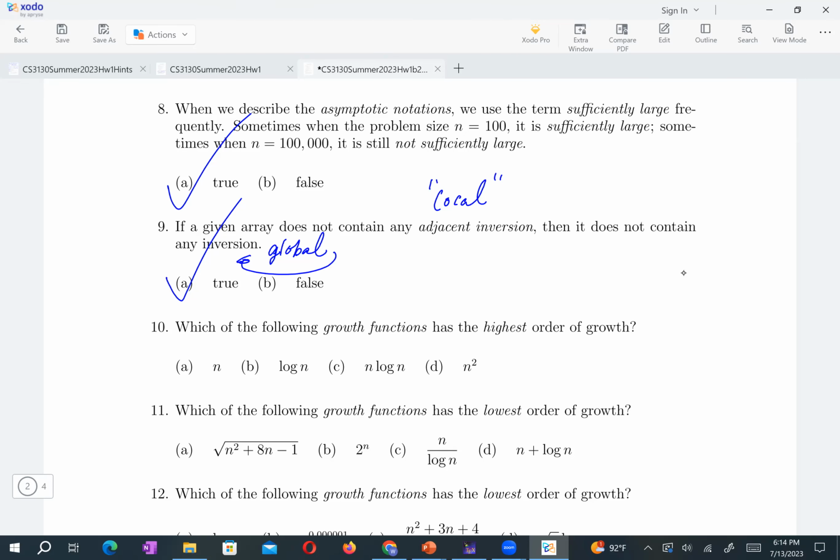If we interpret it in this way, we have a no local inversion condition, then the statement tells us it implies no global inversion.